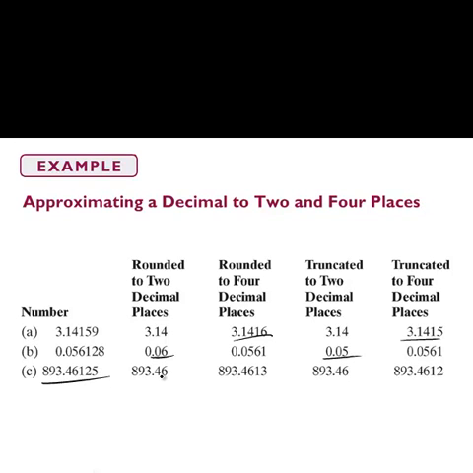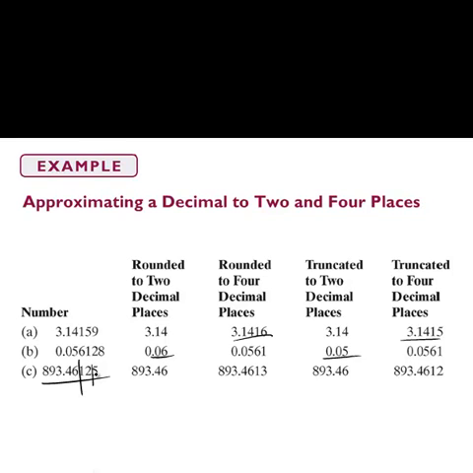Here we've got this number right here, 893.46125. Round it to 2 decimal places. Well, there's your 2 decimal places, the space between the second and third. So you look to the right, there's a 1, so you don't round up, you just keep it as is. Round it to 4 decimal places.